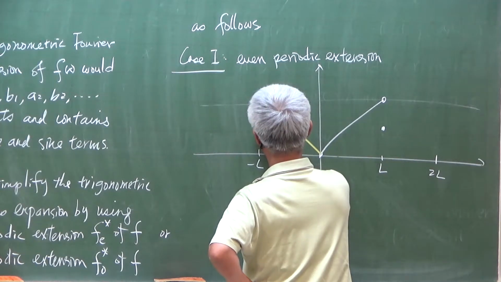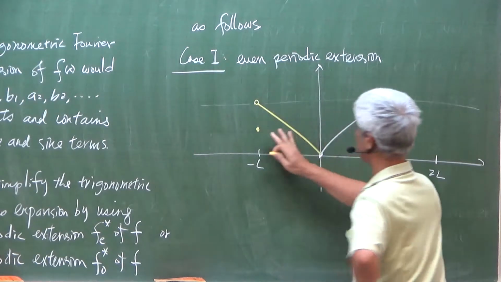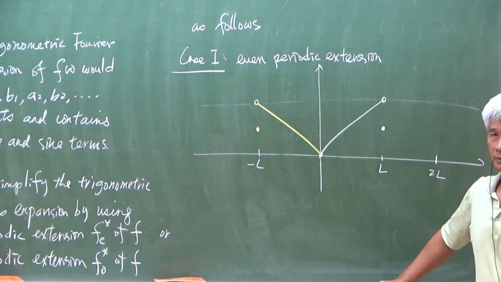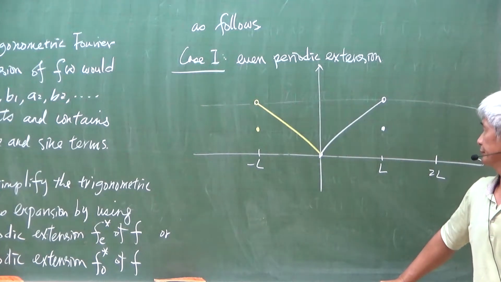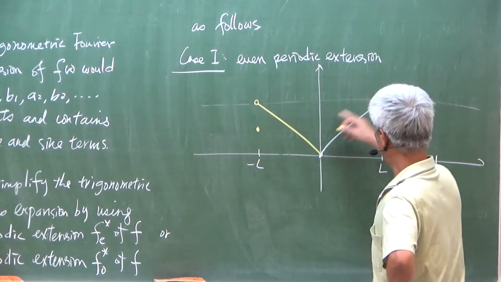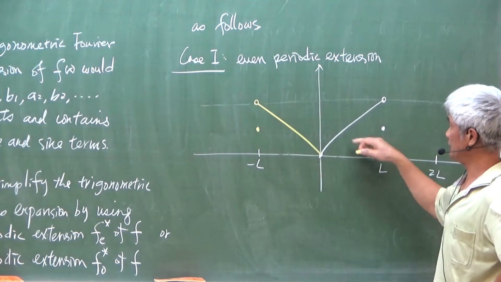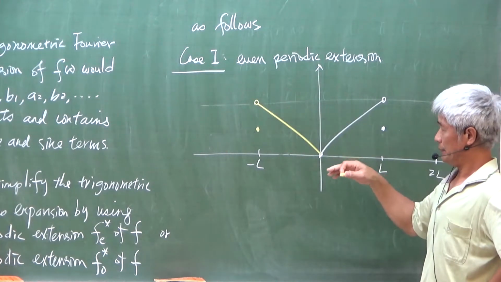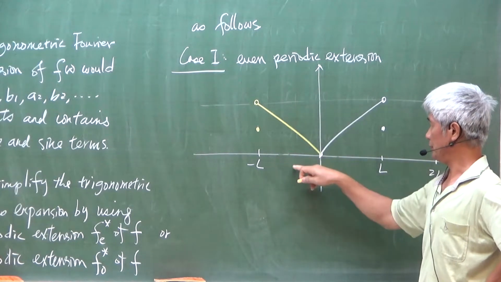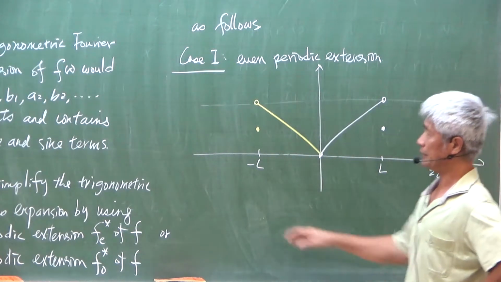So this is just the image of that. Okay, and so this is one period. So this periodic function becomes a function with period 2L instead of L.